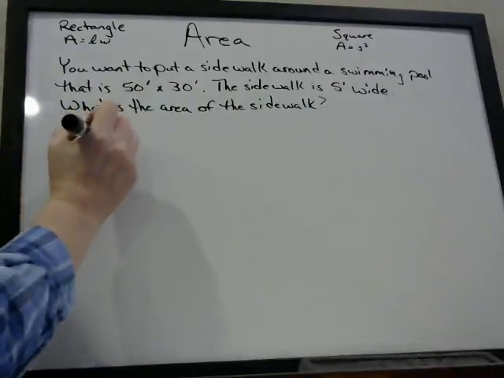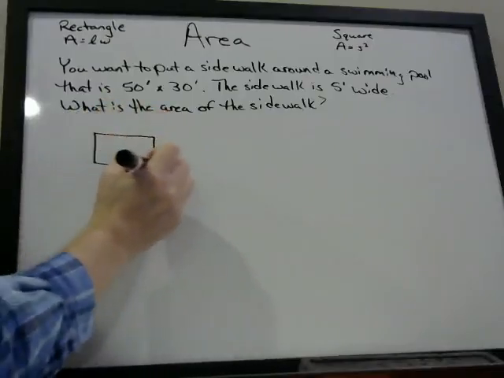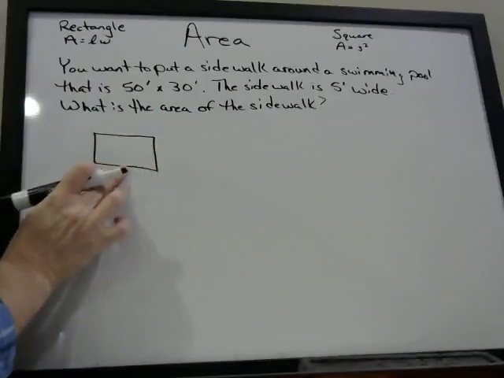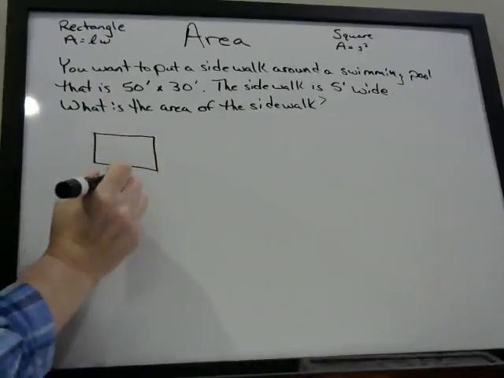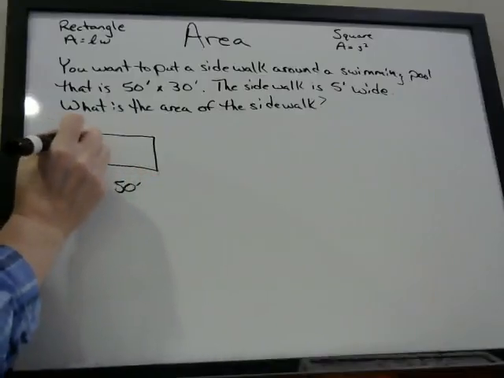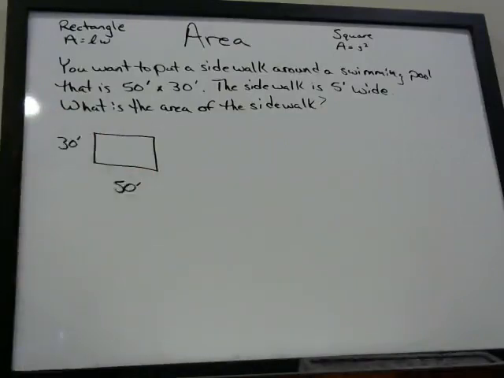It's always good to draw a picture. So we have a pool, 50 feet by 30 feet. We're going to put this sidewalk around it.